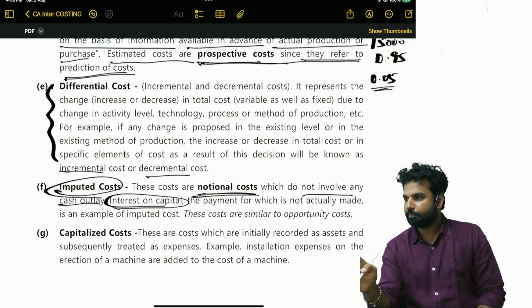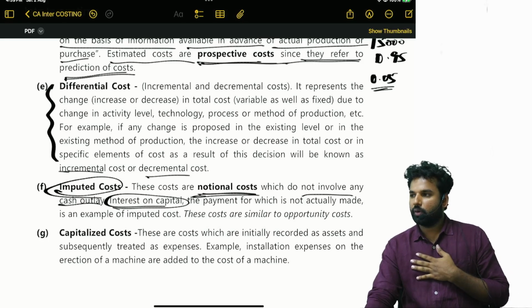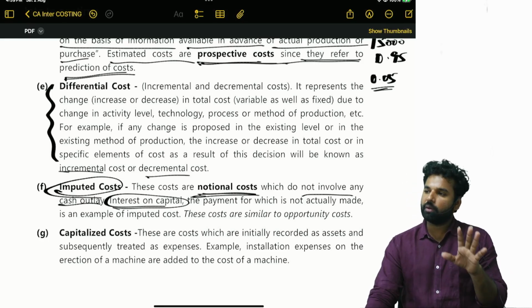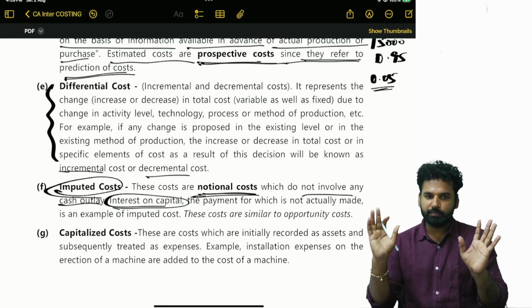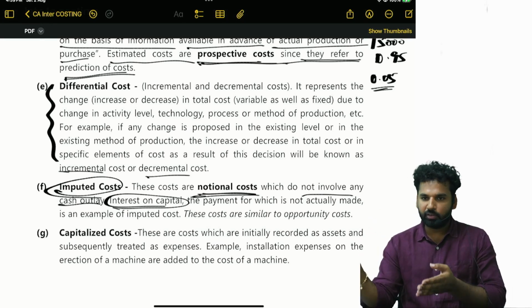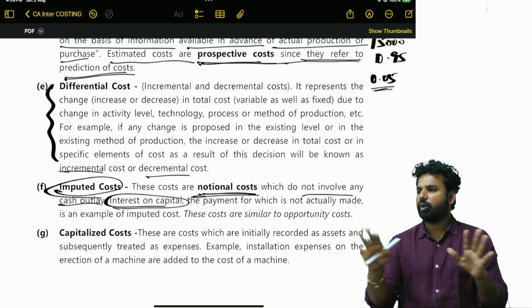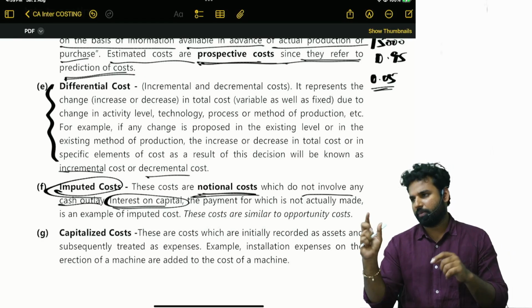See, let's say I want to invest in my business. If I am doing business, a lot of activity is being done. I have to take a particular piece of land, I have to build something, I have to put material, I have to put labor, I have to go for marketing, I have to bring the customers. So a lot of things I have to handle, and ultimately I will get something.